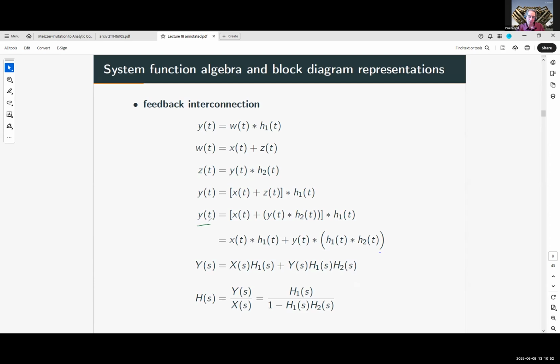The expression in the time domain is a little bit more complicated because it involves convolutions with H1 of T and with the convolution of H1 of T and H2 of T. Taking the Laplace transform translates that into this expression, which then gets simplified or written more clearly in the expression shown on the previous page. So that's really all you need to know about the basics of those interconnections.